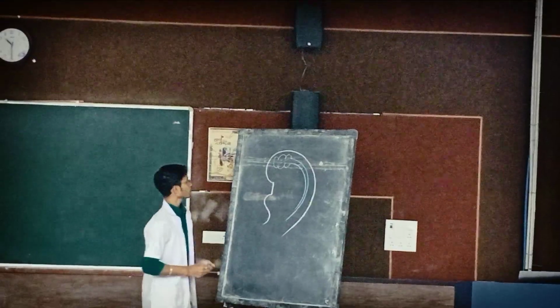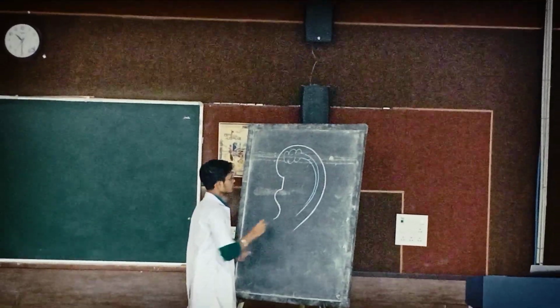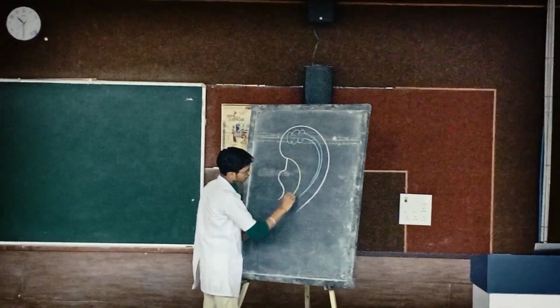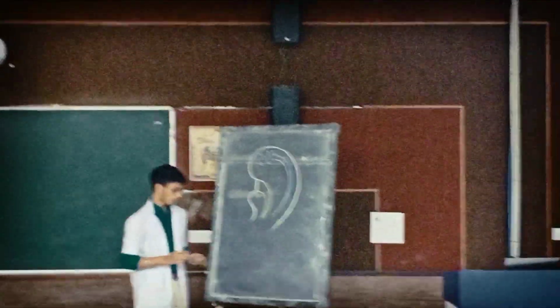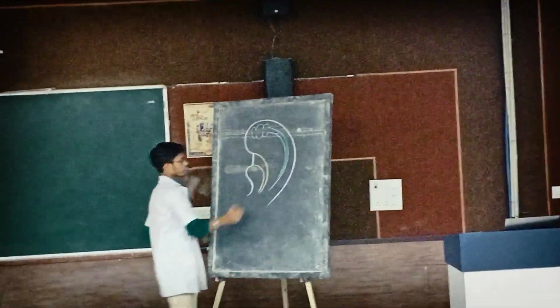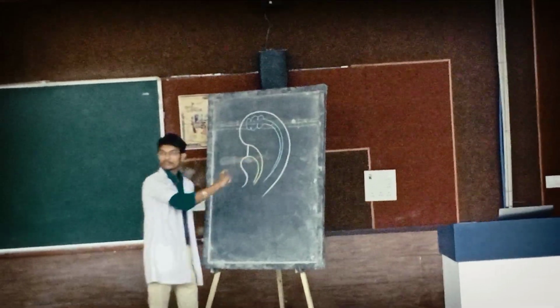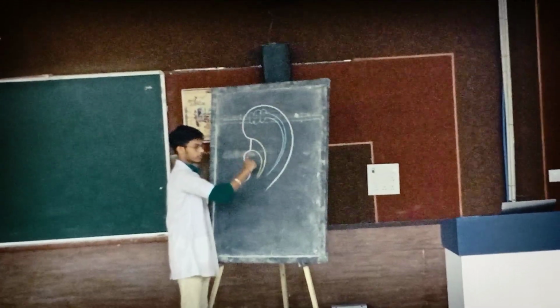This is our neural tube. This is the pre-laryngeal part of the foregut. And since this is the cardiogenic area, our heart tube will be present in somewhat this position.